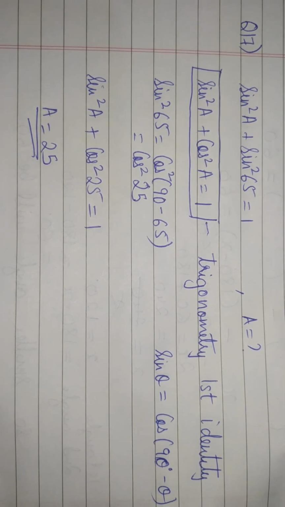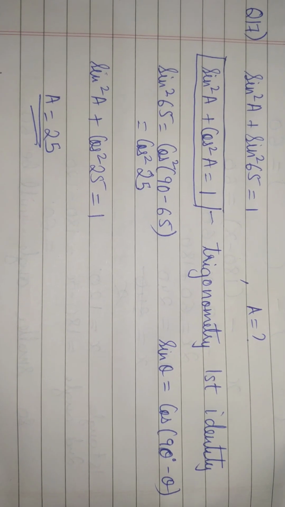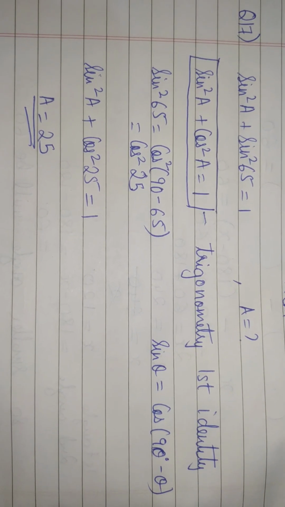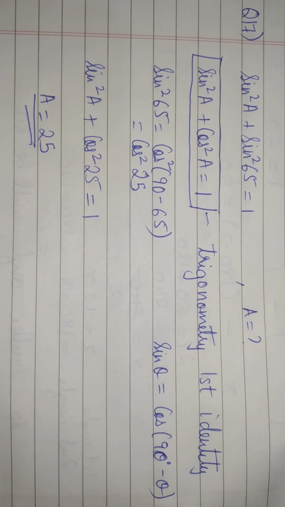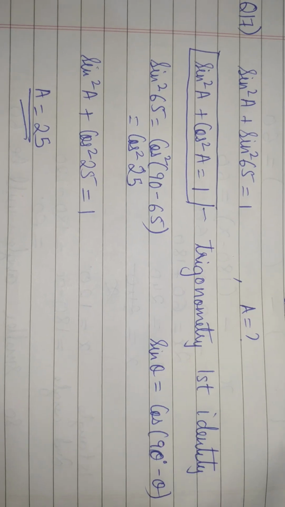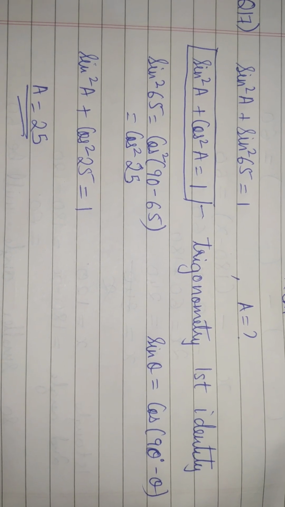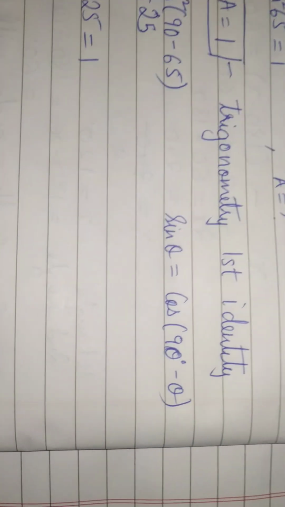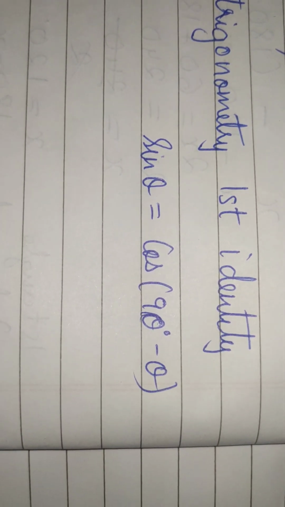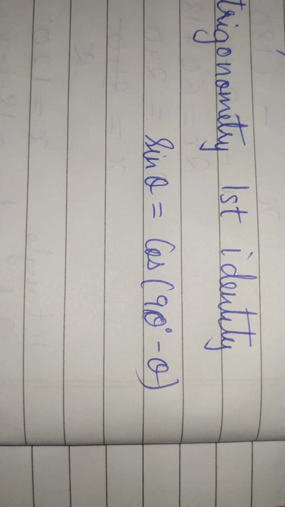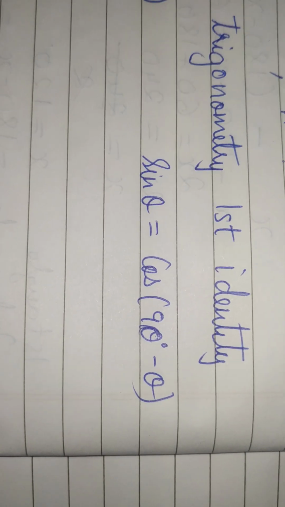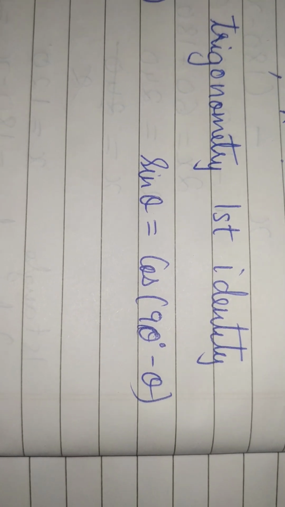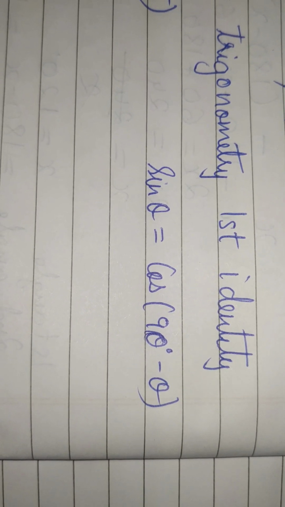Okay, then now we need to change sine square 65 to cos, so that we can use the trigonometry first identity. Okay, so I will use sine theta is equal to cos of 90 minus theta. This is the complementary angle.